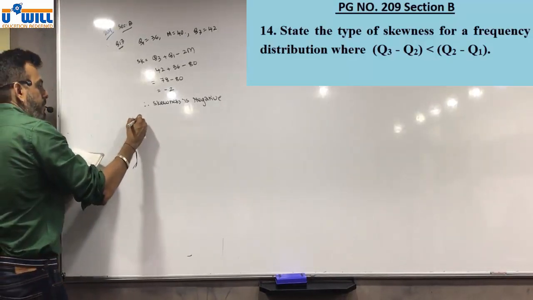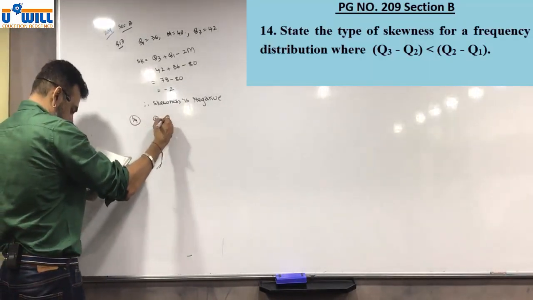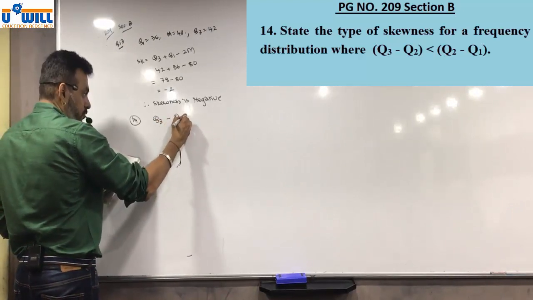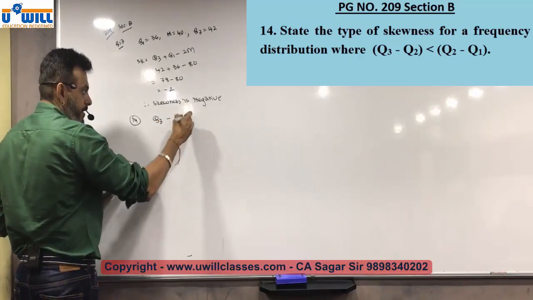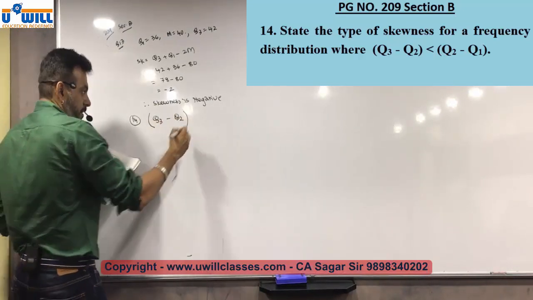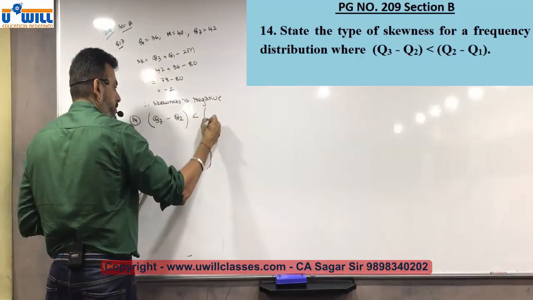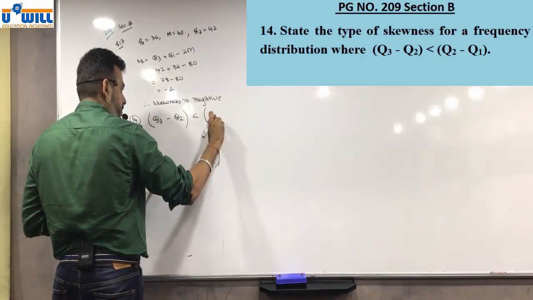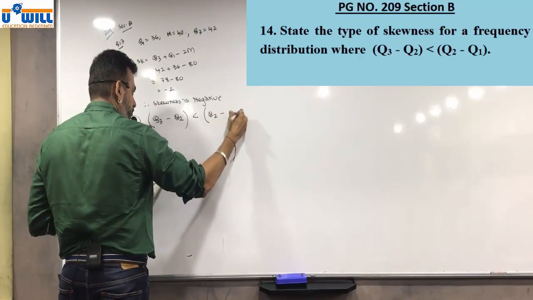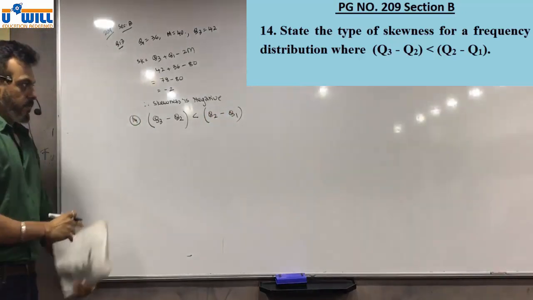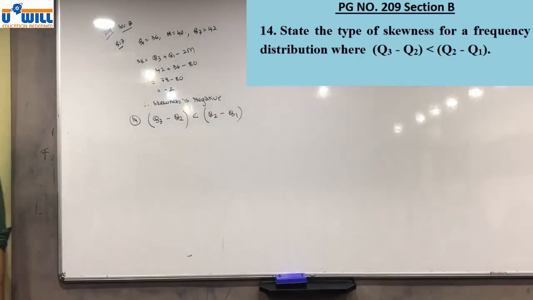14. Q3 minus Q2, Q2 means what? Median is less than Q3 minus Q2, Q2 minus Q1. Which type of skewness is this? Less than, so negative. Understood this?